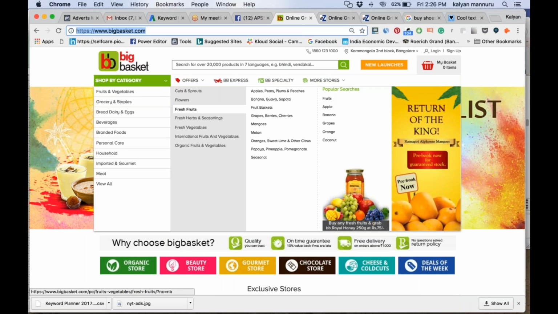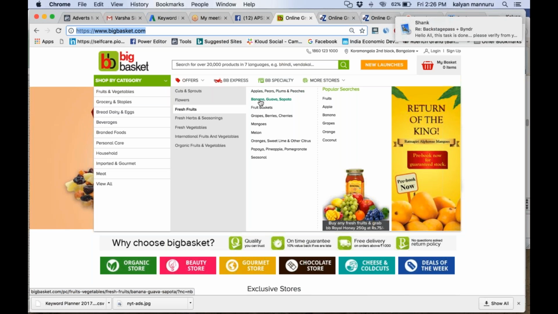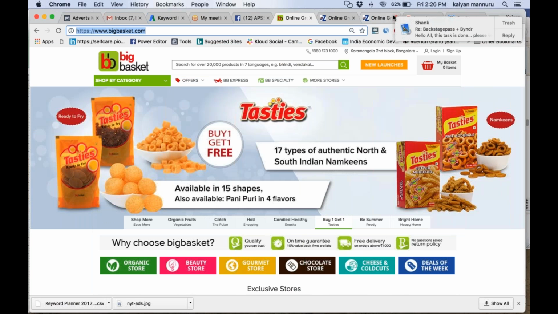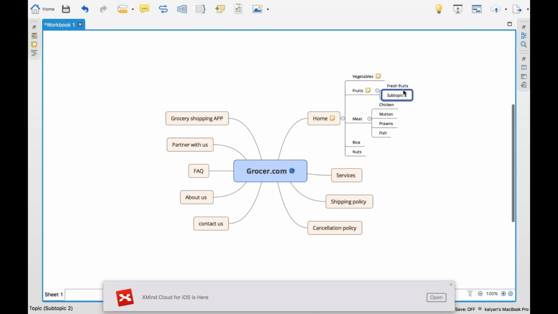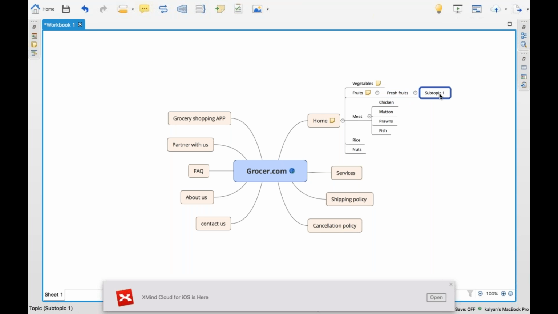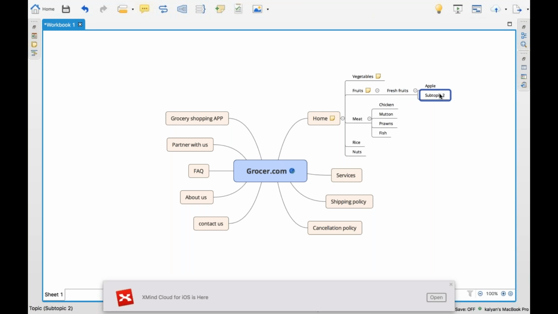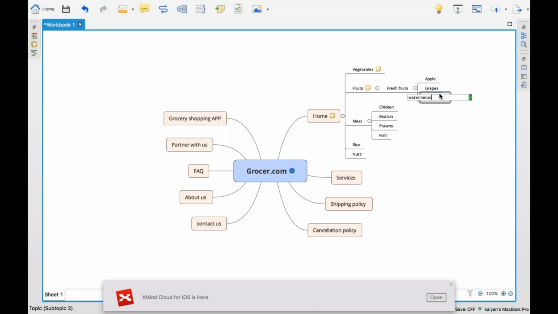Under subcategory, he has fresh fruits as one category, and he has also grouped apples, bananas, mangoes separately, right? So I can also do that. I can just have fresh fruits as one category here on the page. I want to call this fresh fruits, and then go ahead and do your fruit categorization, that is apple, grapes, watermelon online.